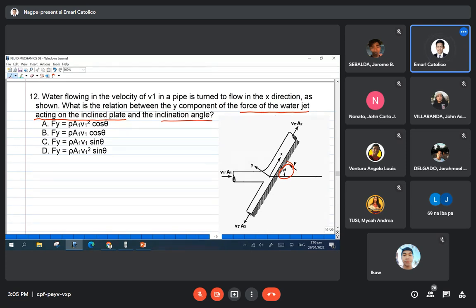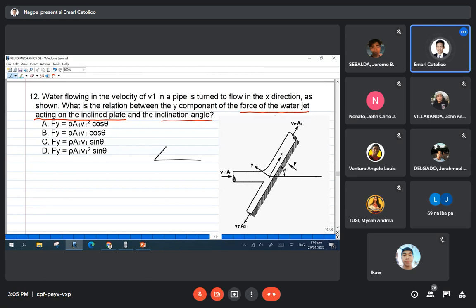Okay. Paano ba ito i-visualize? So ito yung ating diagram. So meron tayong theta.